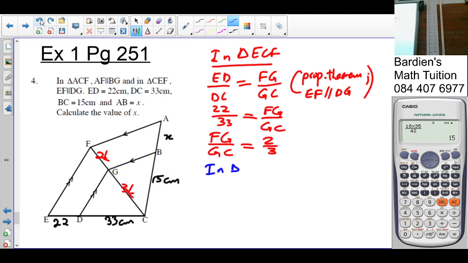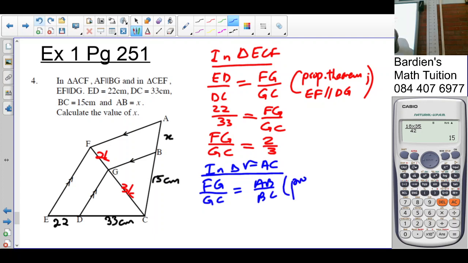So in triangle FAC, it's going to be FG over GC is equal to AB over BC. Reason? The proportionality theorem, with FA being parallel to BG. Again, that is the most important thing in your theorem, in your reason.